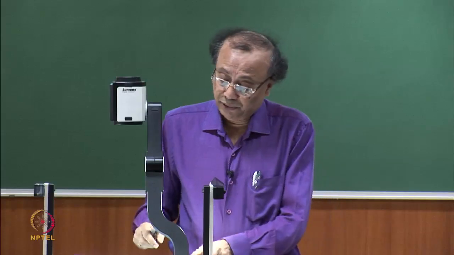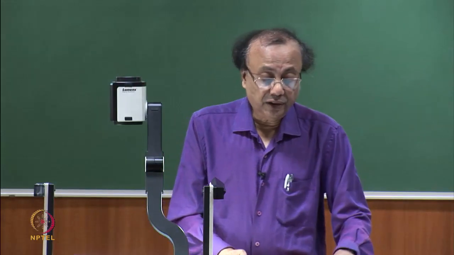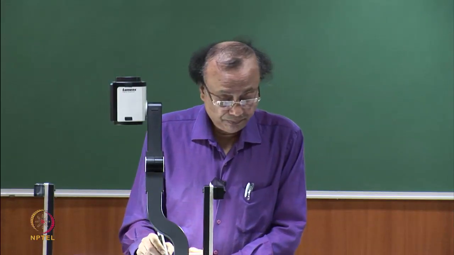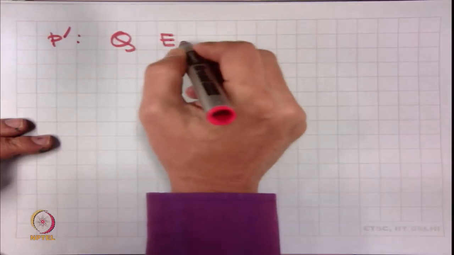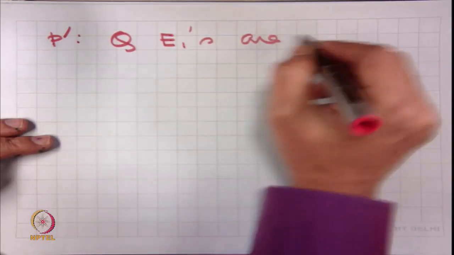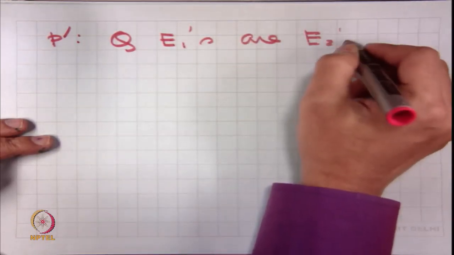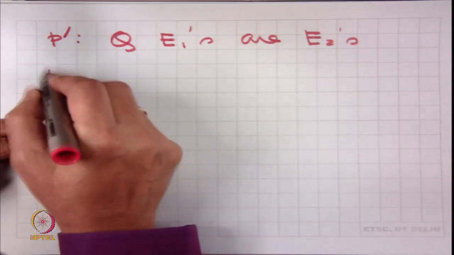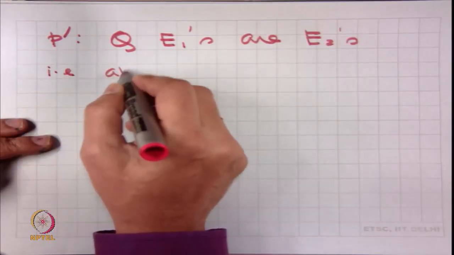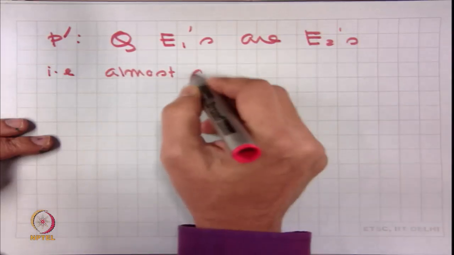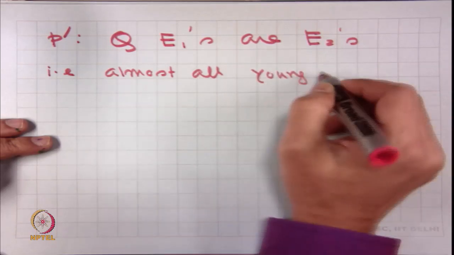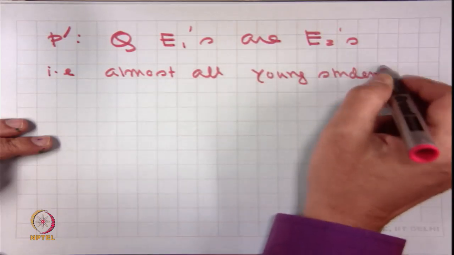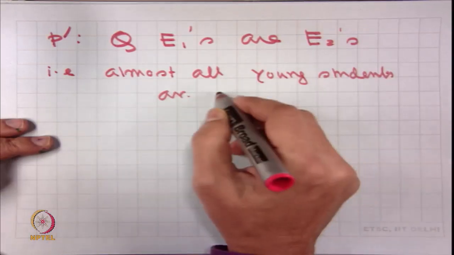So, when we have such a canonical form, we convert it into a form like this: Q E1s are E2s, that is, almost all young students are good performing students.